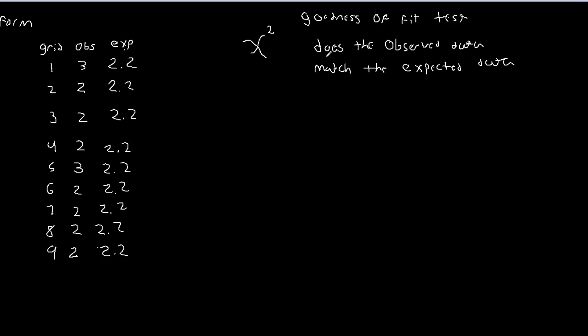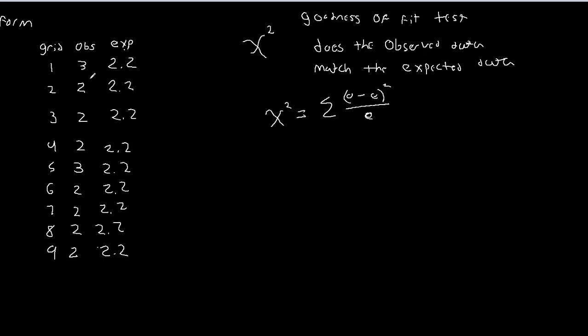So what you do to calculate chi-square: the chi-square test statistic is equal to the sum of the observed minus the expected, squared, divided by the expected.